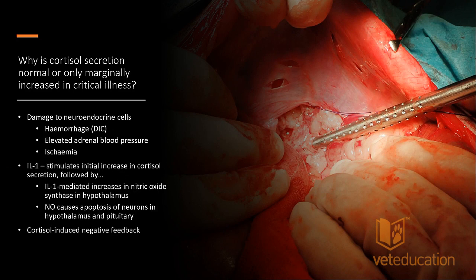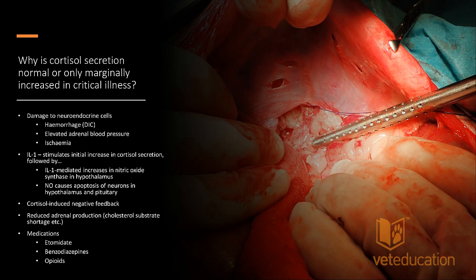That's the third reason why we only get a marginal increase in cortisol production: the more cortisol there is in the bloodstream, the more negative feedback we're going to get in our brain as well. We can also get reduced adrenal production from a cholesterol substrate shortage in patients with acute illness and really high metabolic rates and decreased caloric intake.